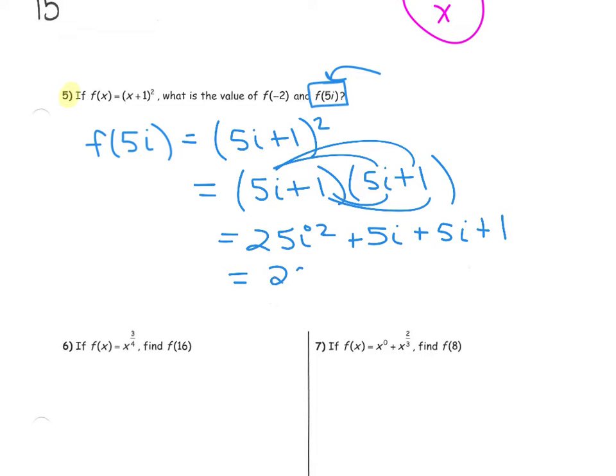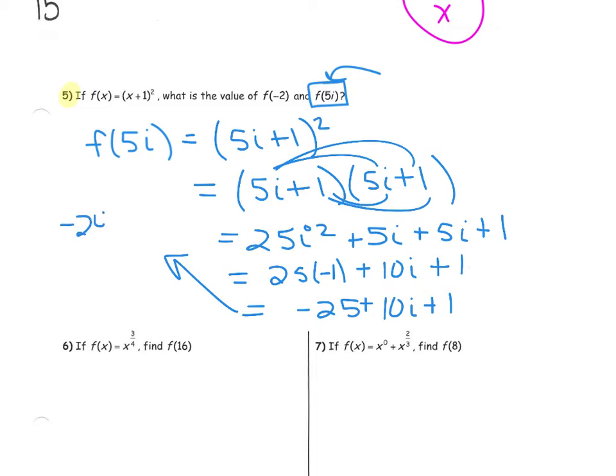So now this is going to be 25 times i squared, which is negative 1, plus 10i, plus 1. So this is going to be negative 25 plus 10i plus 1, and negative 25 plus 1, I'm just going to write this over here, ran out of space. This is negative 24 plus 10i. So this is in a plus bi form.